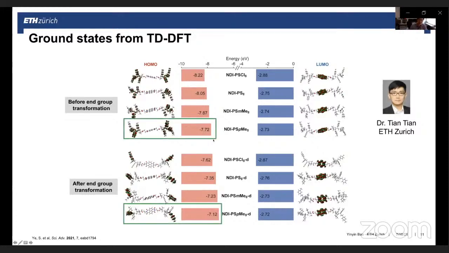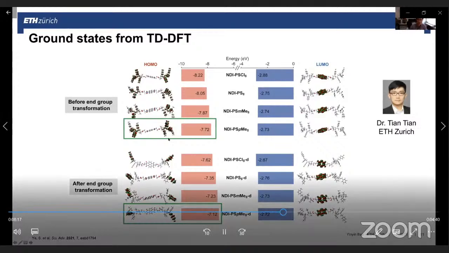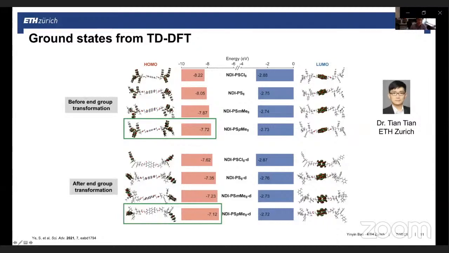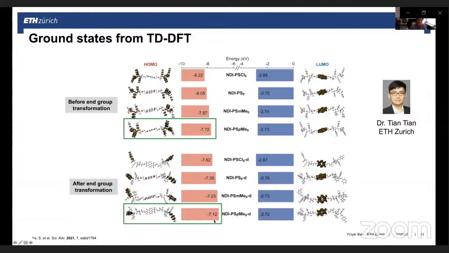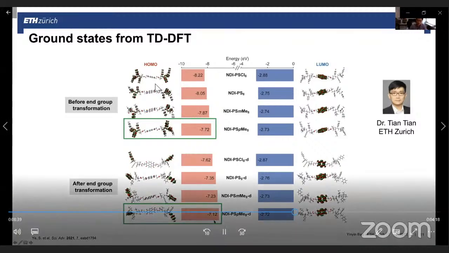And more interestingly, when we perform the debromination step, we can see the HOMO orbitals migrate from the polymeric units to the end groups. This can induce a significant increase of the HOMO energy and further induce the fluorescence emission.